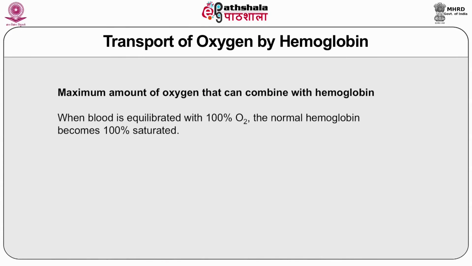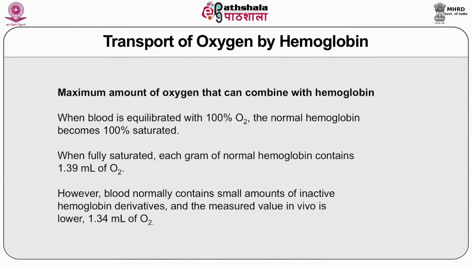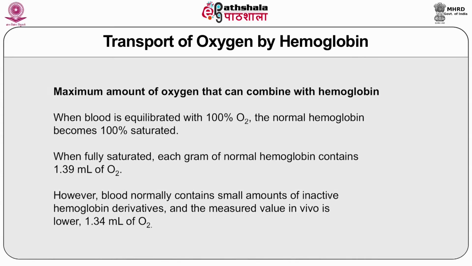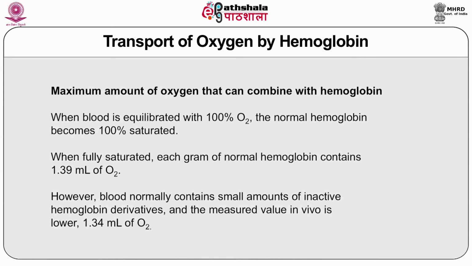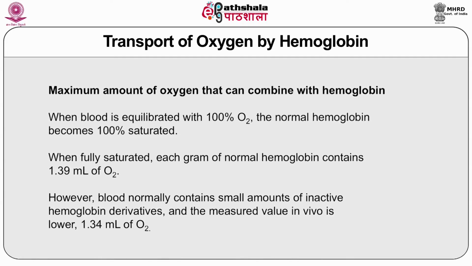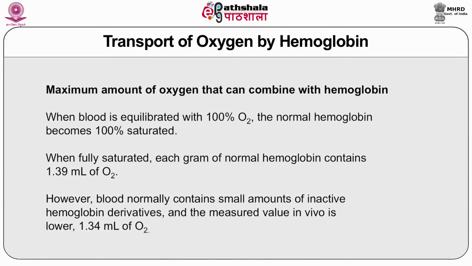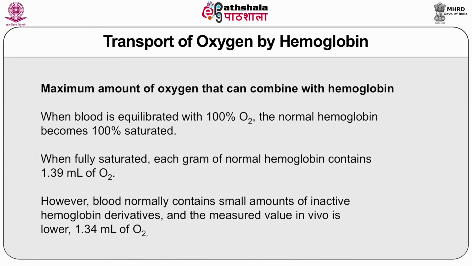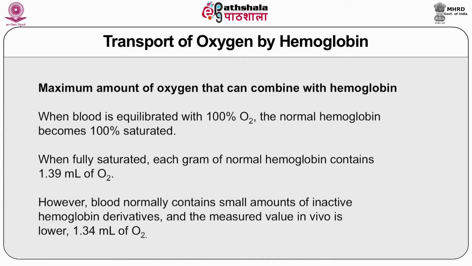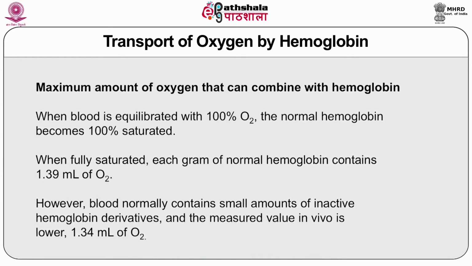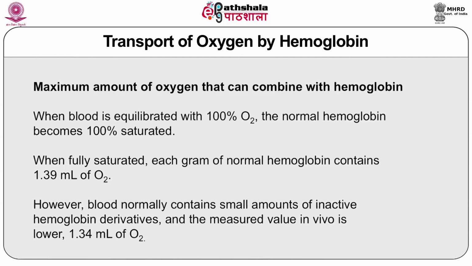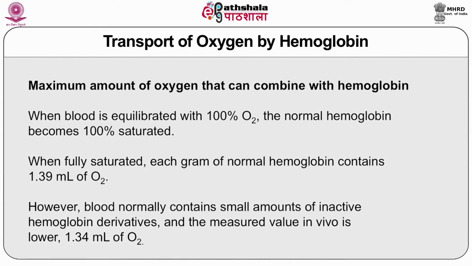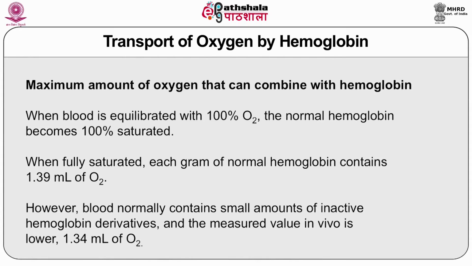When blood is equilibrated with 100% oxygen, the normal hemoglobin becomes 100% saturated. When fully saturated, each gram of normal hemoglobin contains 1.39 ml of oxygen. However, blood normally contains small amounts of inactive hemoglobin derivatives, and the measured value in vivo is lower, that is 1.34 ml of oxygen.